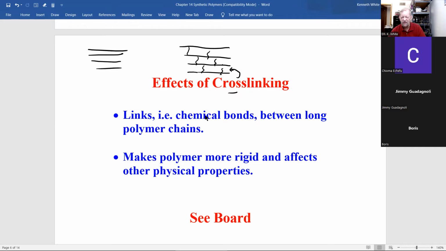You link between the different strands. Now pulling this way, it's pretty hard. You've gained a lot of strength, important physical properties. You may make it more rigid and more useful. And this is called cross-linking. You should know that.